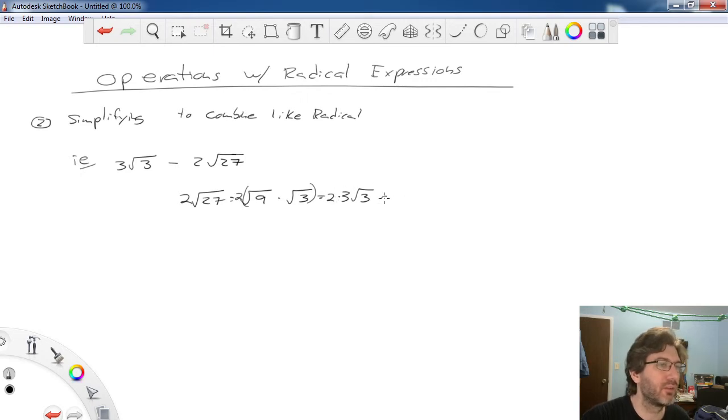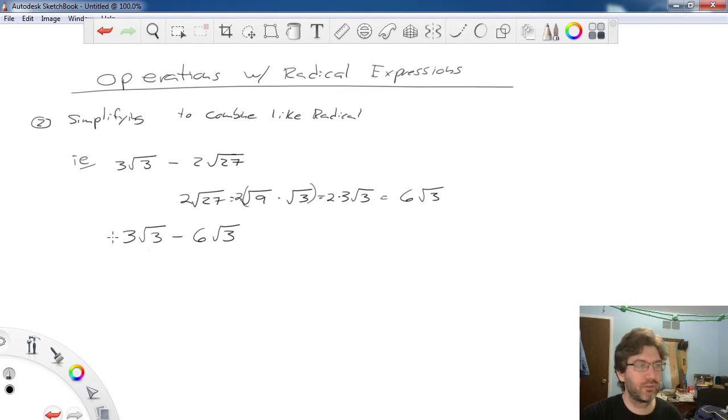So this is going to equal 6 square roots of 3. So then we can go ahead and replace that with that. So we get 3 square roots of 3 minus 6 square roots of 3. And again, using your distributive property, combine like terms, 3 minus 6 gives you negative 3 square roots of 3. And that should be your final answer.